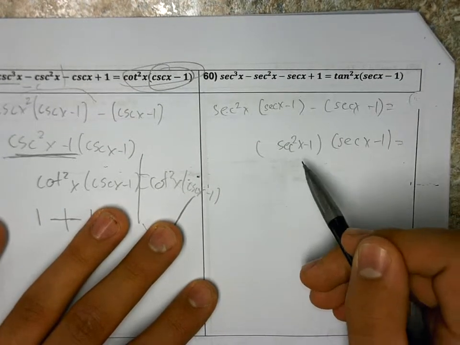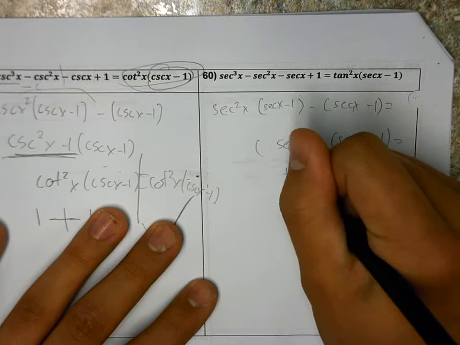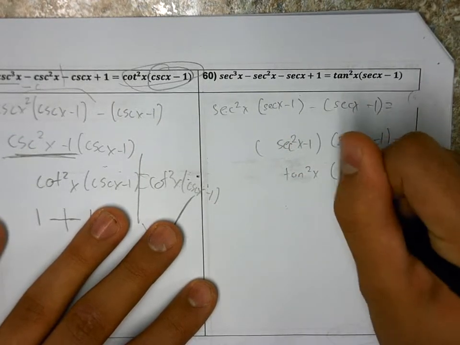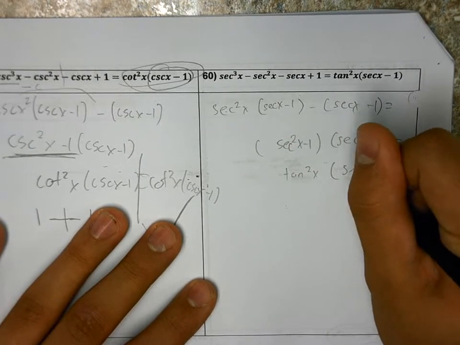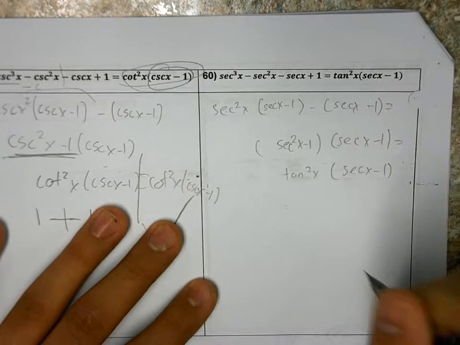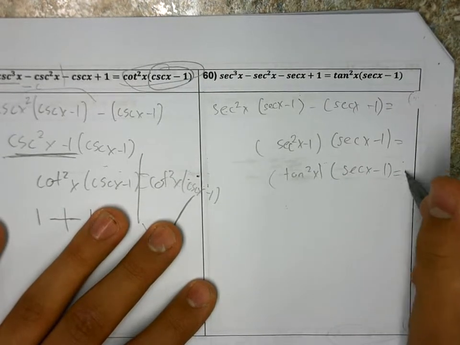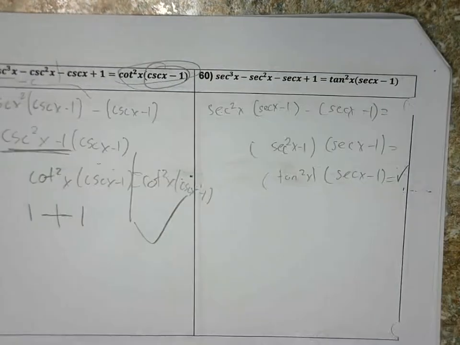And then look, that's an identity. So then you get tangent squared x and secant x minus 1.